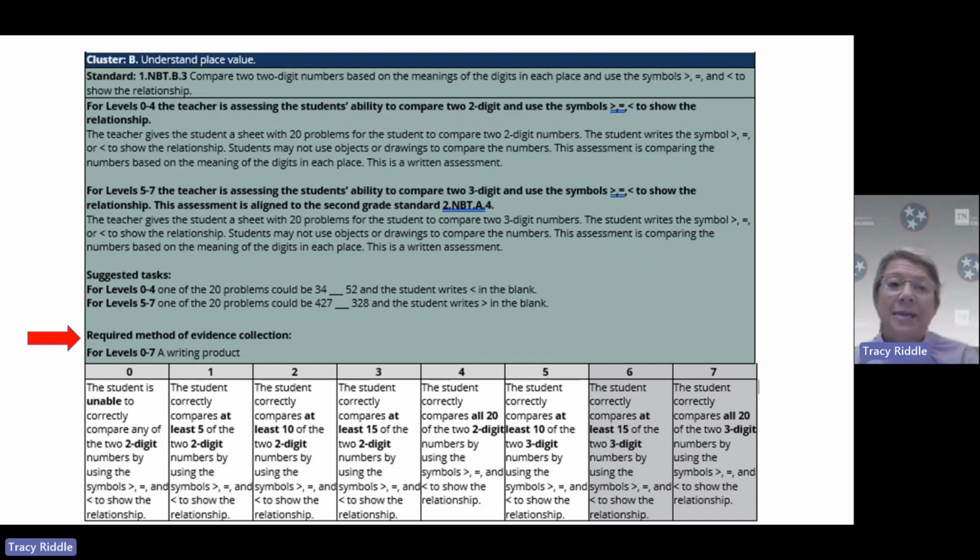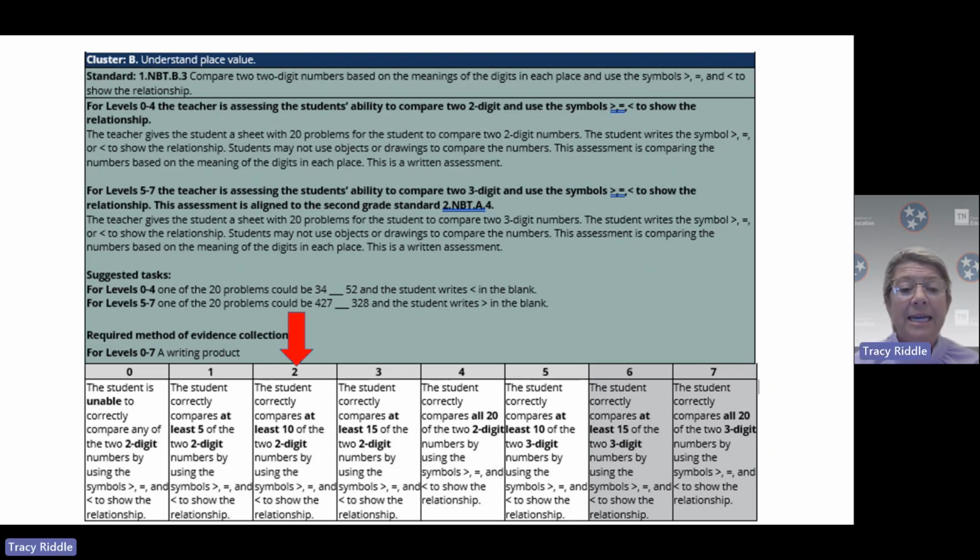When assessing the comparing of two-digit numbers, if the student is unable to answer any of the 20 problems correctly, that is the score of a 0. If the student answers at least 5 of the 20 problems correctly, that is the score of a level 1.